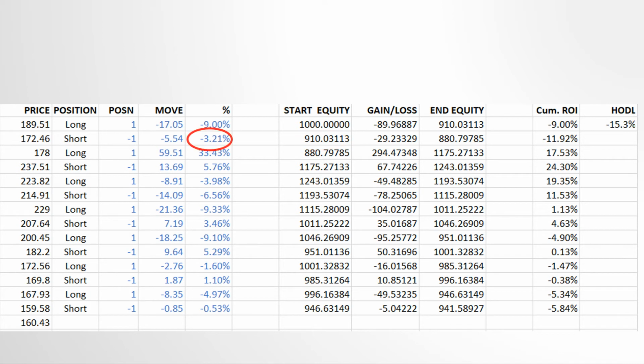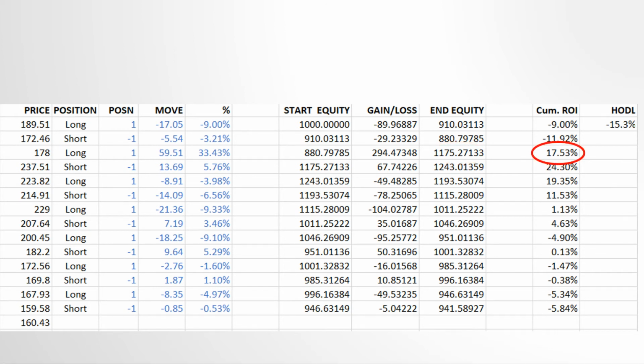And on the next trade, we lose 3%. So that's $30, and we're down to 880. The cumulative return on investment is now negative 11%. Now the next trade, we take on the next trade, it's much better, it gains 33%, and that adds $294 on our 880, it gives us a total of 1,175.